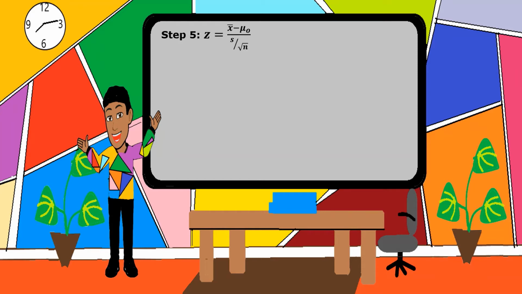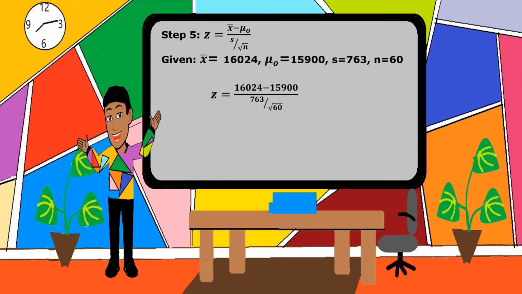Step 5. Computing the value of z, wherein z is equal to the sample mean minus population mean over standard deviation divided by the square root of the sample size n. Given here, we have the sample mean is 16,024, population mean is 15,900, the standard deviation is 763, and our sample size is 60.